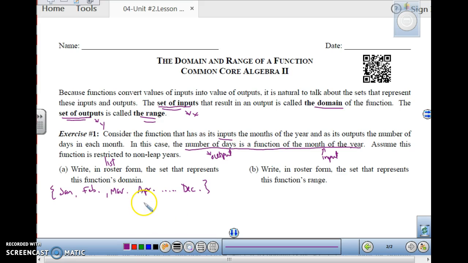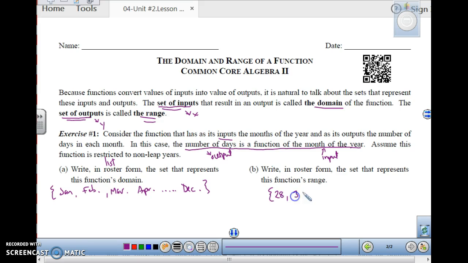Now, when you put in the months of the year, you get an output of the range, which would be the number of days. So your range would be how many days are in a month. Well, let's see. February has 28 days.